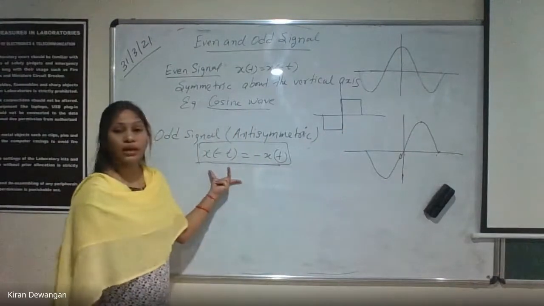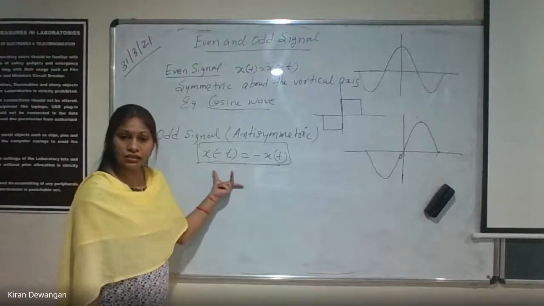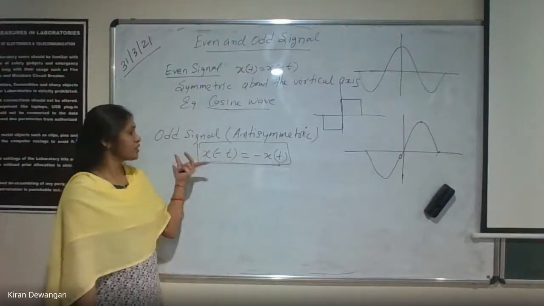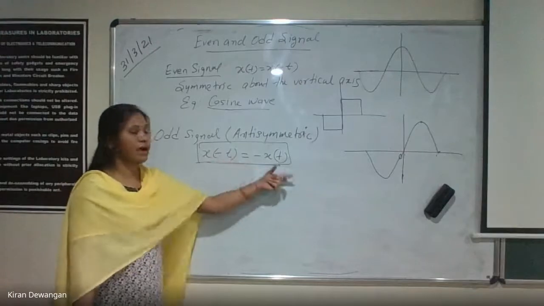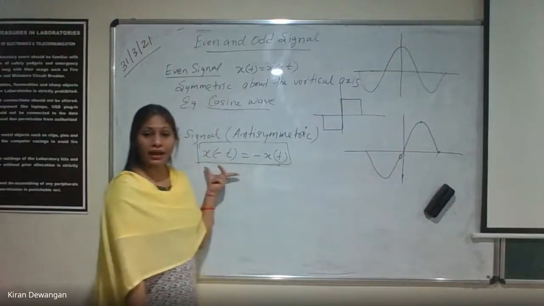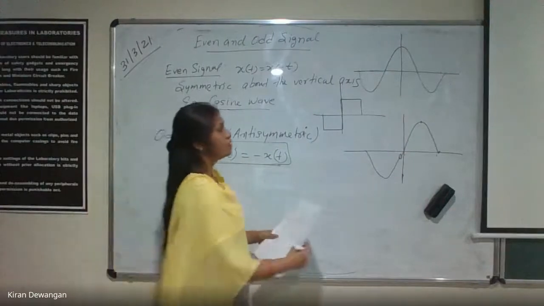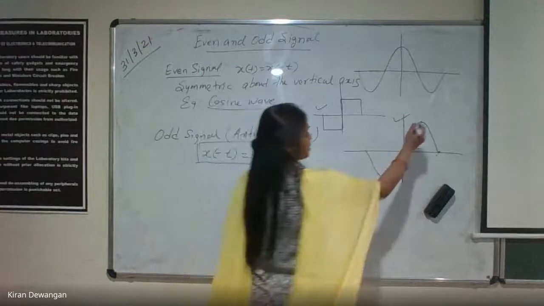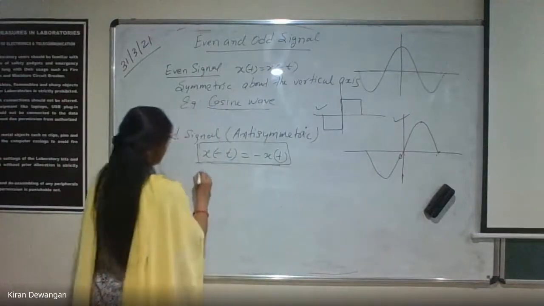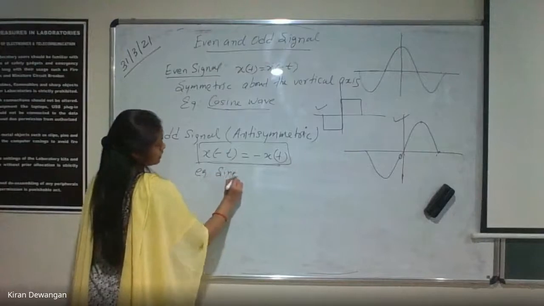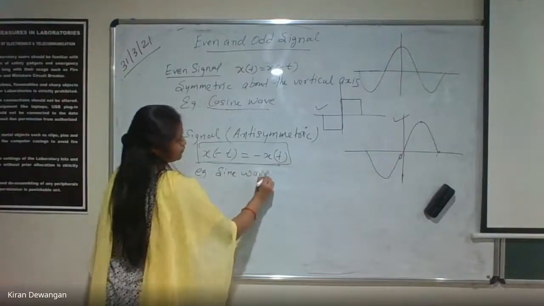We can say that the signal is an odd signal only if it is satisfying this condition, that x of minus t should be minus of x of t, meaning the amplitude should be negative for minus t. So this type of signals are the odd signals. This is the, sorry, it's a sine wave. The example is a sine wave.